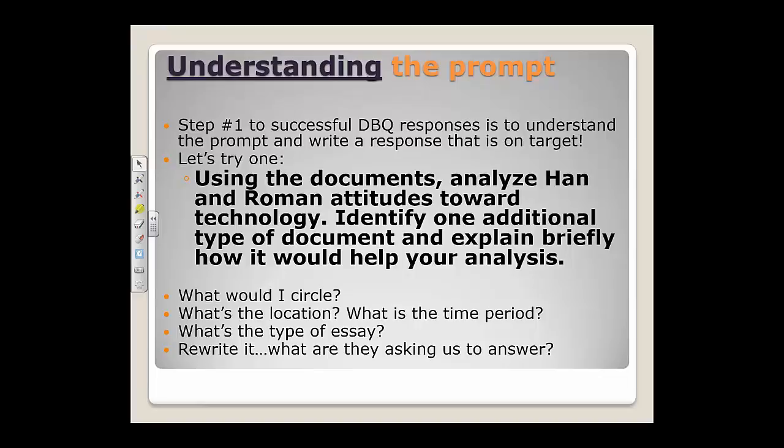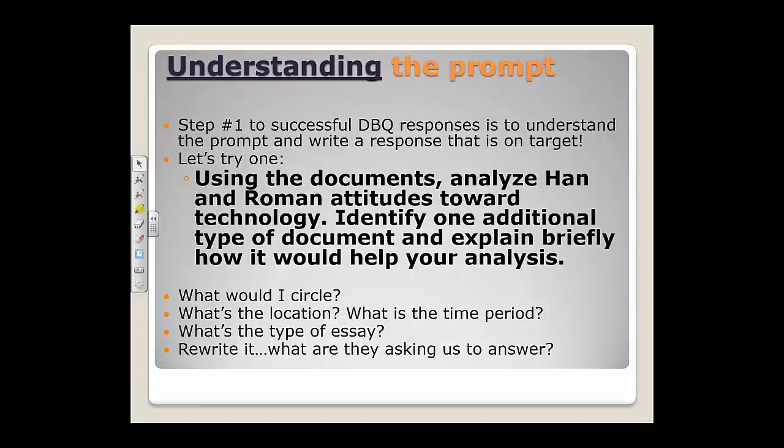I'm hearing different answers. Okay, so it's classical era. So you can use evidence from that time period. But the good news about the DBQ is you don't need to know a darn thing about it, because they're going to give you everything you need to use to prove your point.